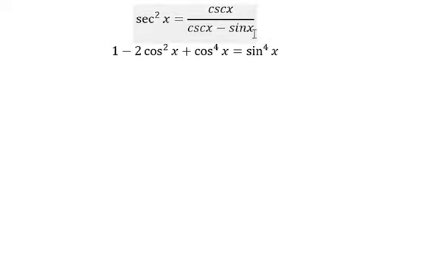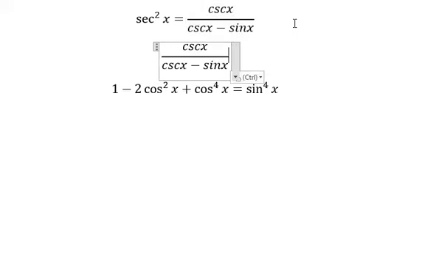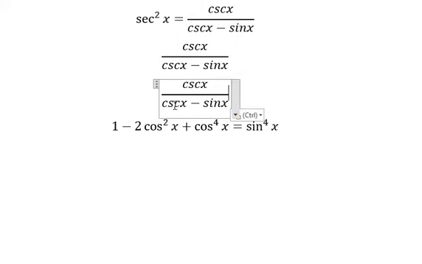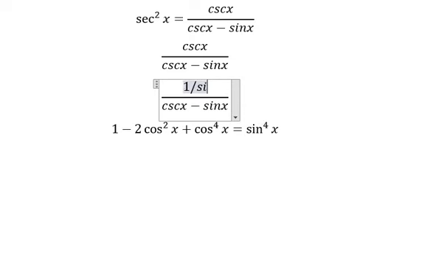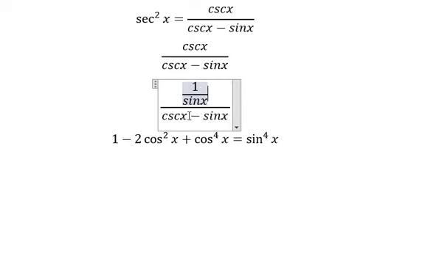Question number 2, I will consider the right side of this equation. Cosecant of s is 1 over sine s. This one we change to 1 over sine s.